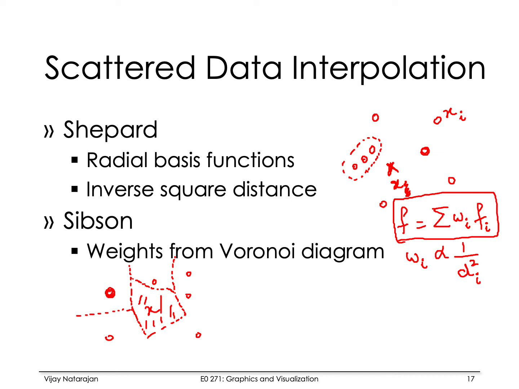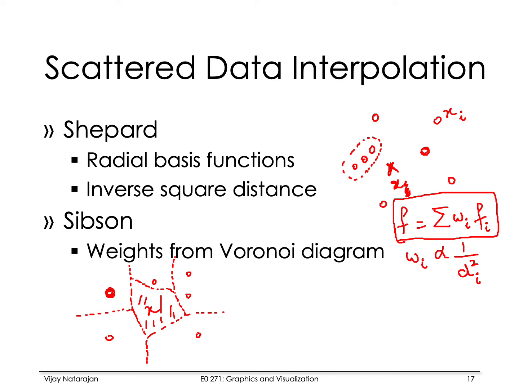These are all the points that are closer to X than any other point. Now, when X was not included, you would get a different Voronoi diagram. So these two Voronoi diagrams are used to compute the value of f.